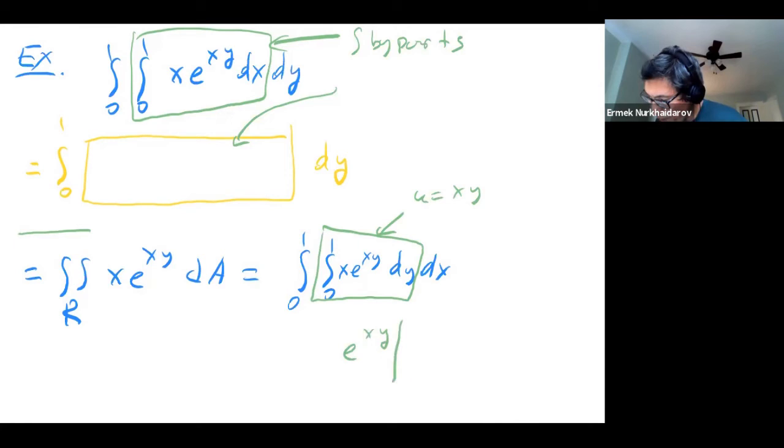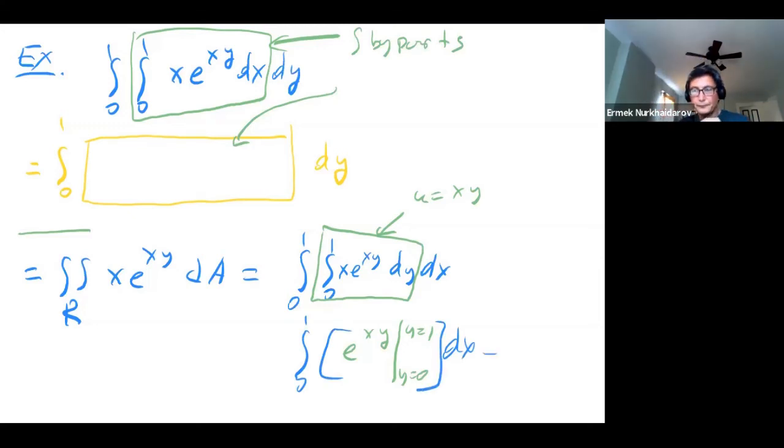We do it from y equals 0 to y equals 1, and outside we have the integral from 0 to 1 dx. Substituting 1 for y into that expression, we get e to x. Substituting 0, we get 1.